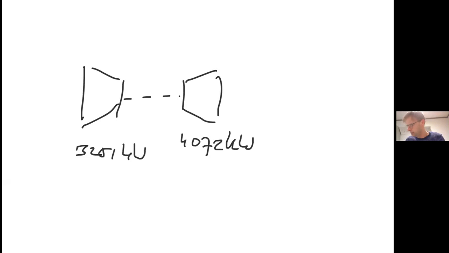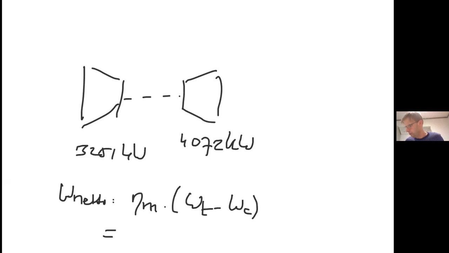So the net is the mechanical efficiency times (W turbine minus W compressor). We know that the mechanical efficiency is 98%, so that's really if you have to generate it, right? So you see here that's about 821 kilowatt is available.